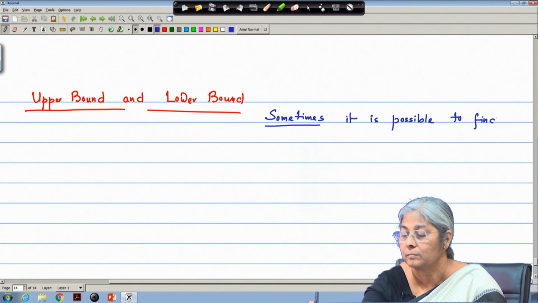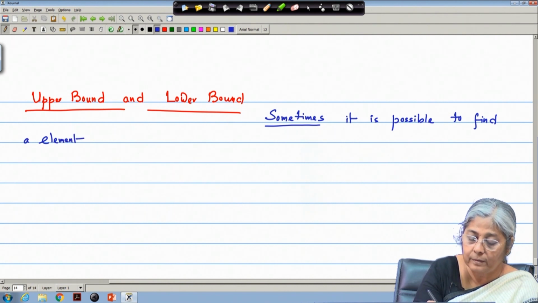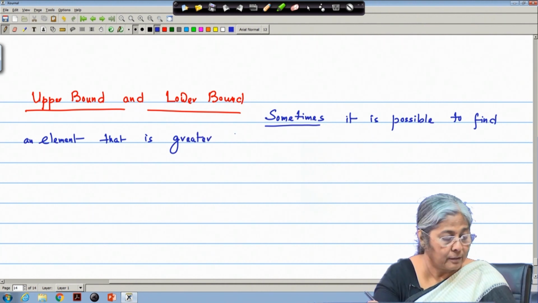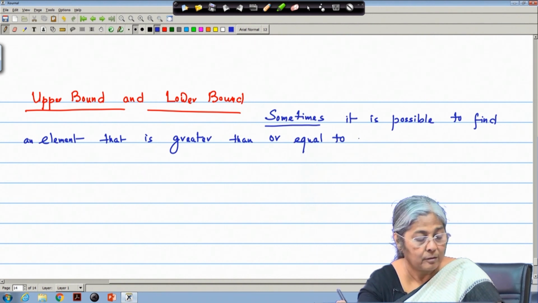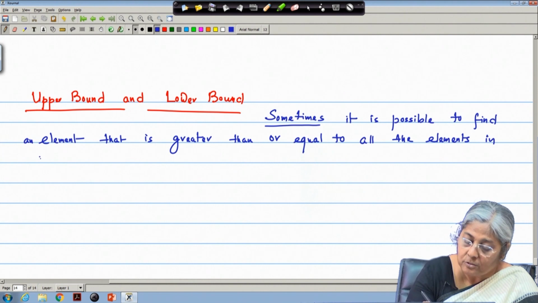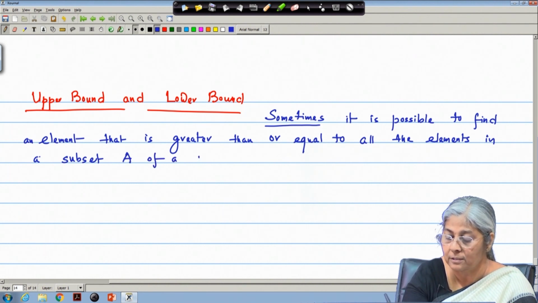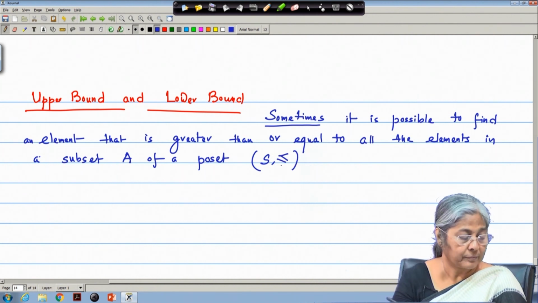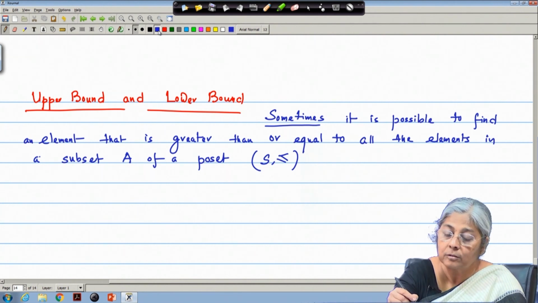to find elements that are greater than or equal to all the elements in a subset A of a poset S. This element is called the upper bound.